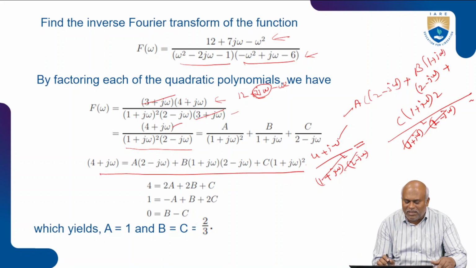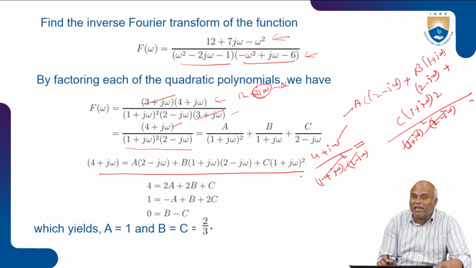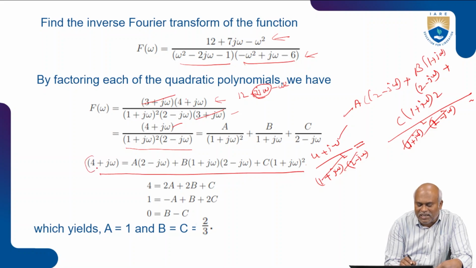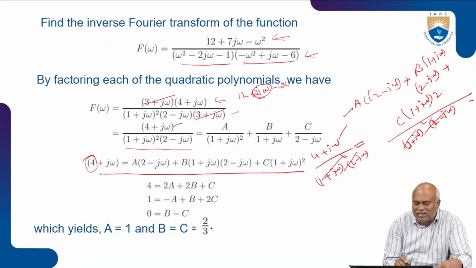Now I need to equate for A, B, C. Here 4 is the constant. Here you can see the term 2A, and B into 2 gives 2B, then this term is equal to 1. Like that I write for all.